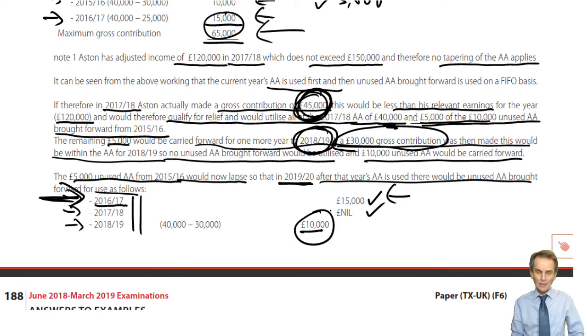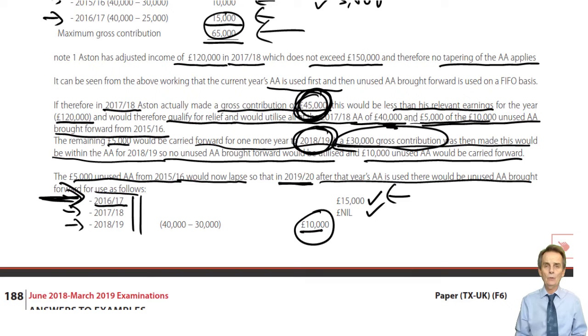But now we meet a new problem, and that is what happens if the total pension input that goes in exceeds the annual allowance limit plus the unused annual allowance brought forward from the previous 3 years.